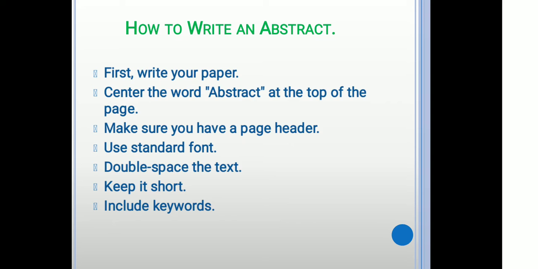Type the word Keywords in italics, capitalize the letter K, and follow it with a colon. In normal, non-italicized font, follow the colon with 3 to 4 keywords describing the paper. These words should each appear in the text of the abstract. Separate them with commas.